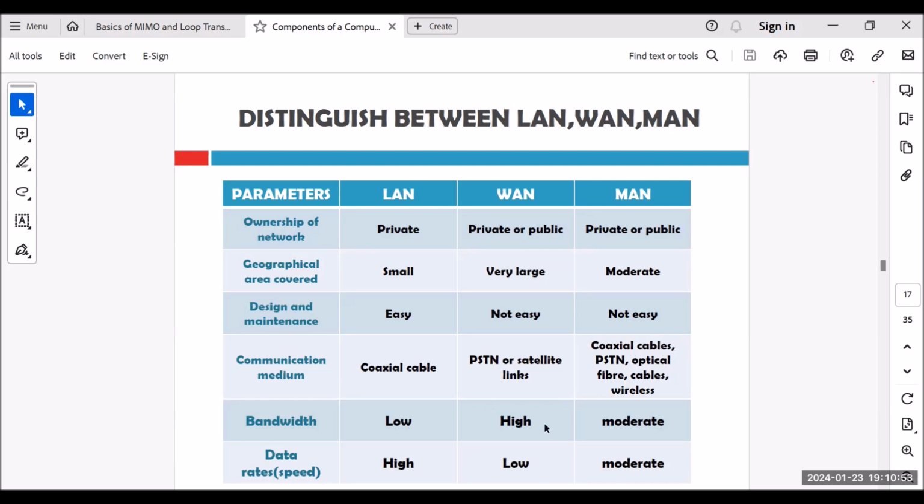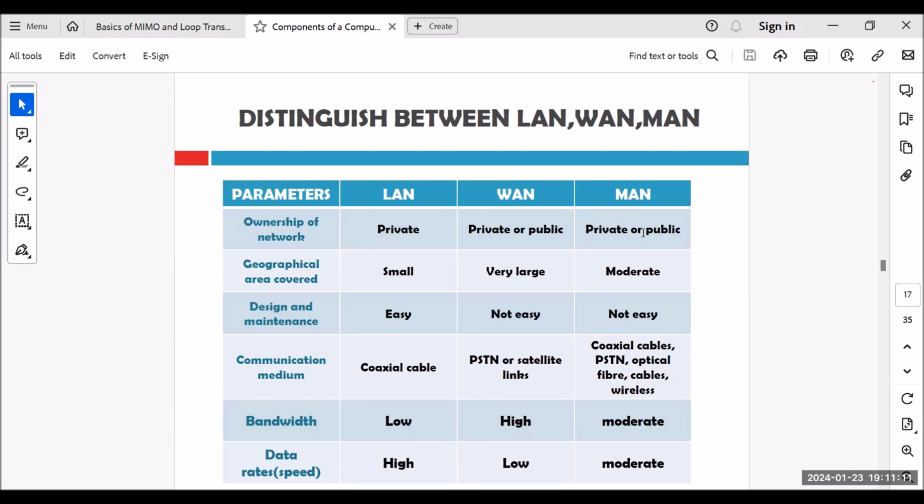The bandwidth is usually high, and the data rates are usually slow, right? Slower compared to LAN, that is. It's not low. You cannot say that low is a generalized word. It is with reference to LAN.